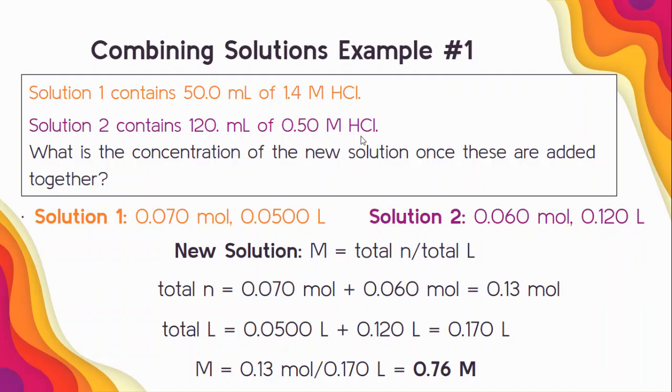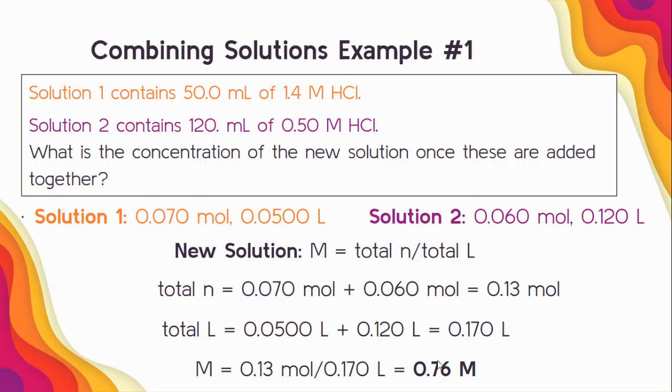Now there's an easy way to check this, right? Our answer should be between our 2 initial concentrations, because I'm adding them together and it's sort of averaging out. So 0.76 does fit between the 2. It's not always going to be directly in the middle, unless I'm adding an equal amount of both solutions together.